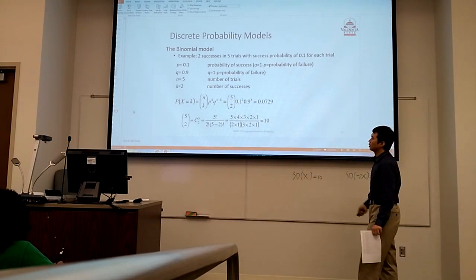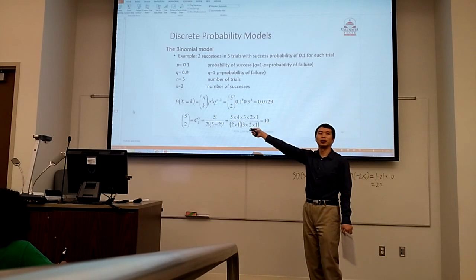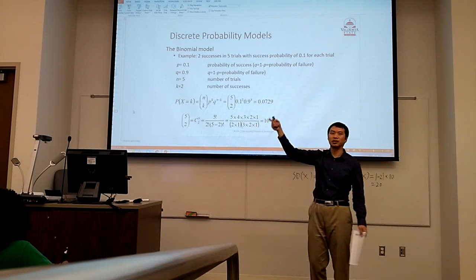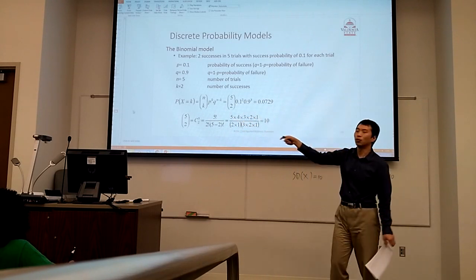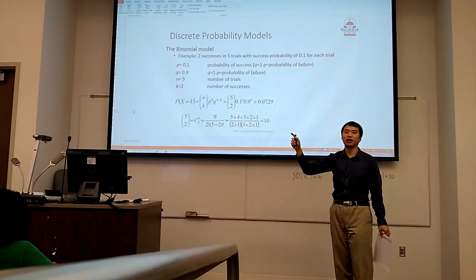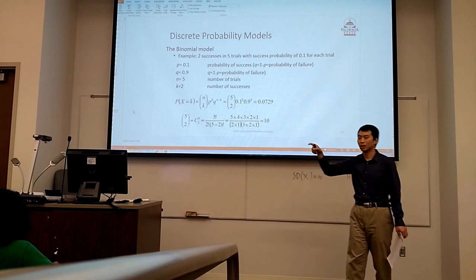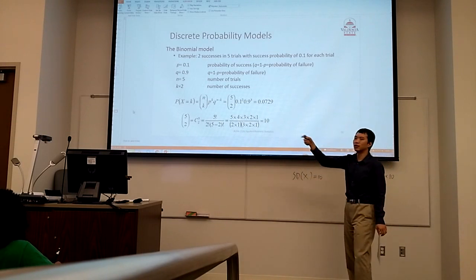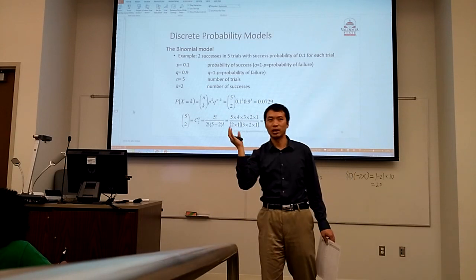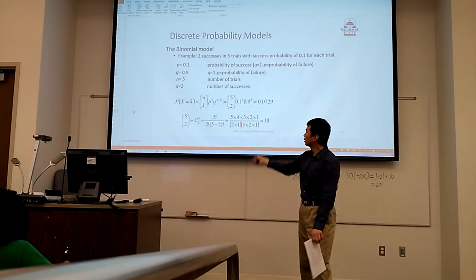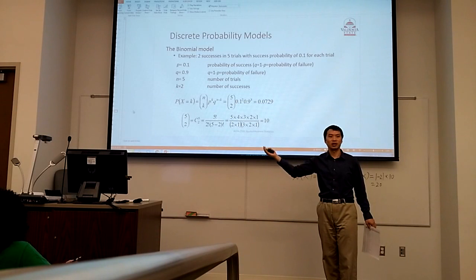Let's define the parameters. We have p equal to 10%, 0.1, and q is 1 minus p, the probability of failure, 0.9. n is our total number of trials, in this case 5 trials. k is the number of successes.